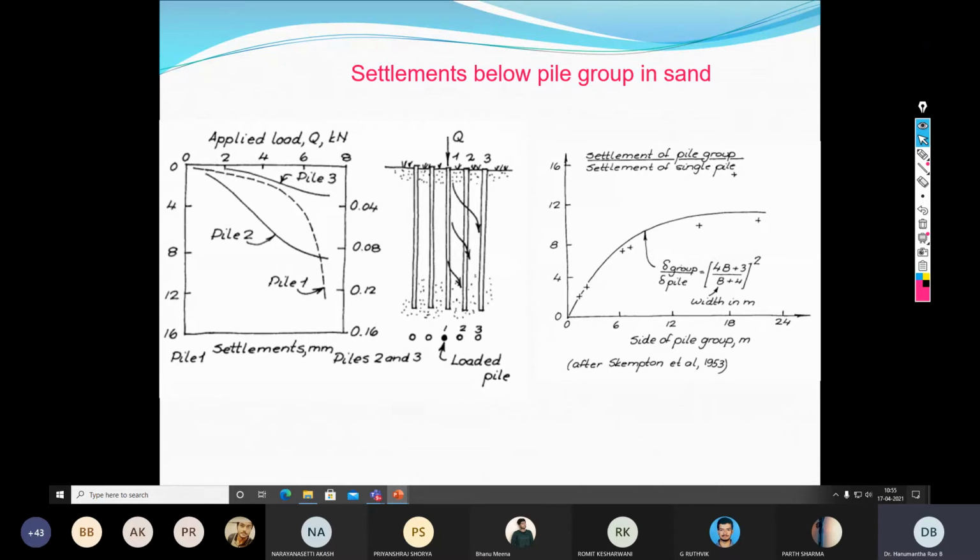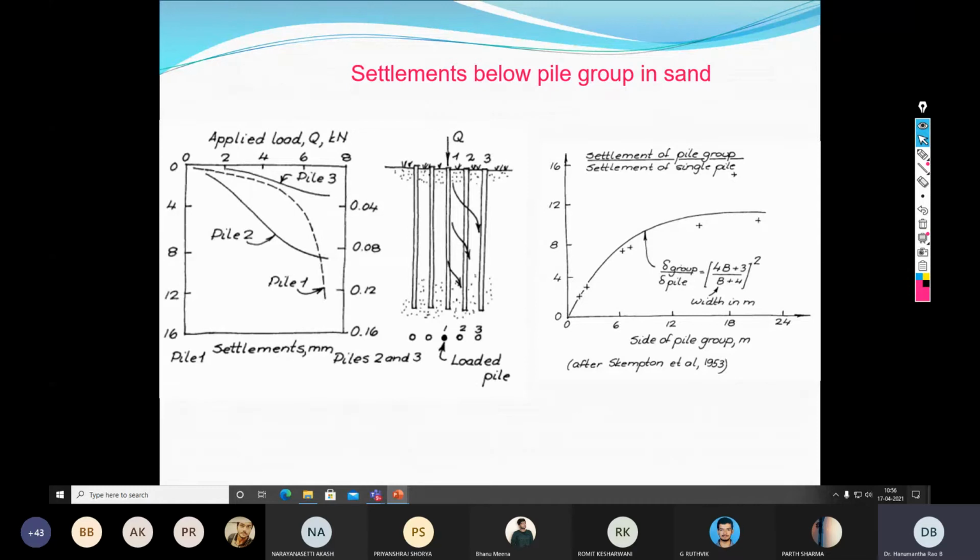A foundation may fail because of excess stress, or alternatively, if the settlement exceeds a certain value, then the foundation may fail or become not functional. So therefore, it is mandatory to verify both the stress condition as well as the settlement. So then in case of the pile group, how do you determine the settlement?